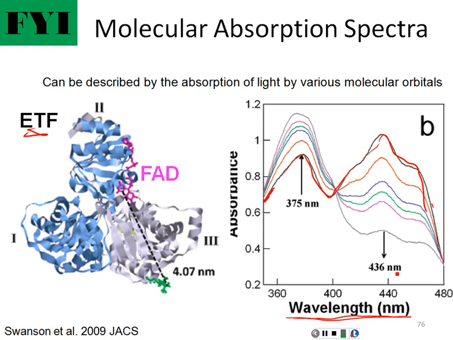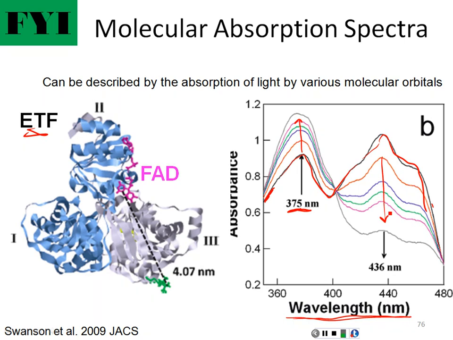But now when we add one electron to that FAD, the absorption spectrum changes. As we're adding electrons to the FAD in this protein, the peak at 375 nanometers is increasing, and the peak at 436 nanometers decreases.